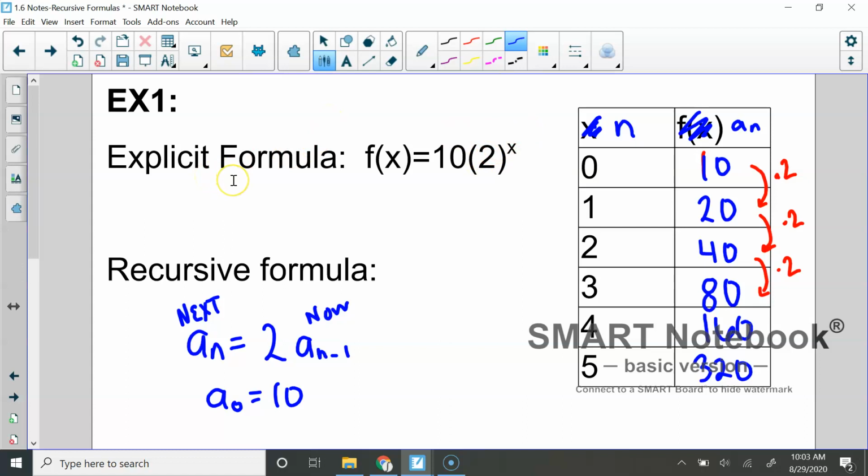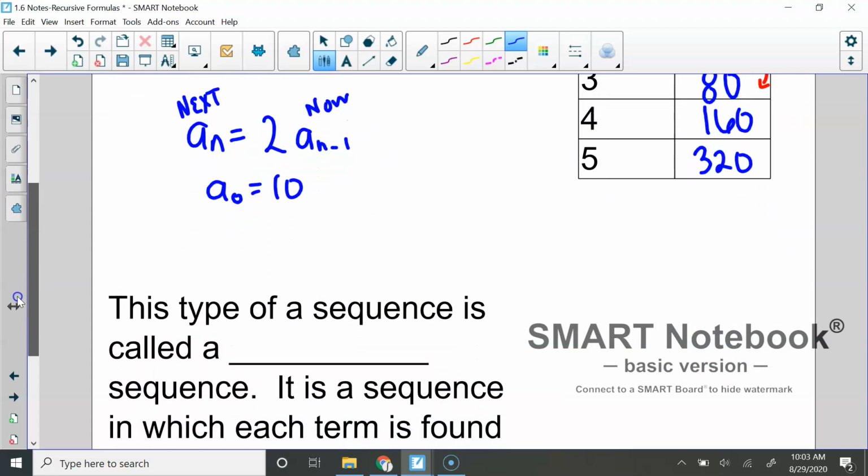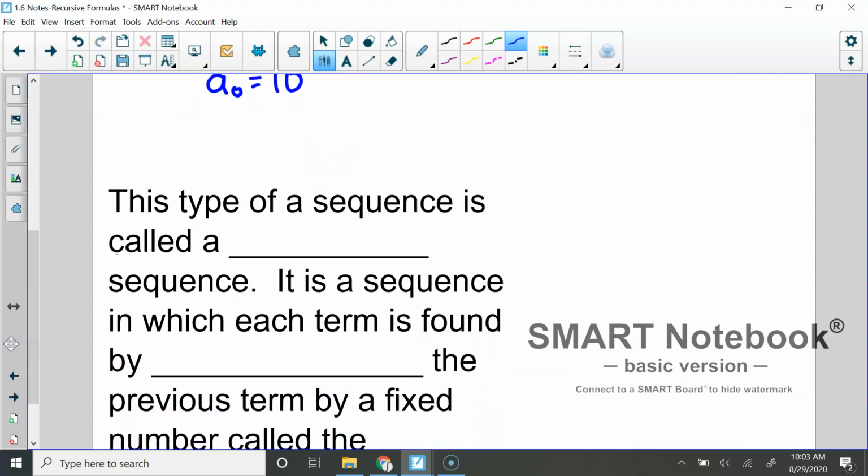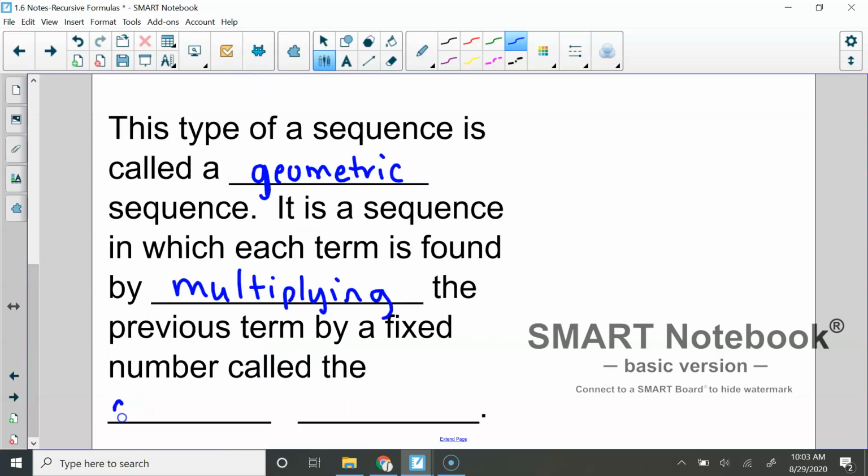So these types of formulas, these exponential formulas, also have a special name when we're talking about sequences. This type of sequence is called a geometric sequence. It is a sequence in which each term is found by multiplying the previous term by a fixed number called the common ratio.